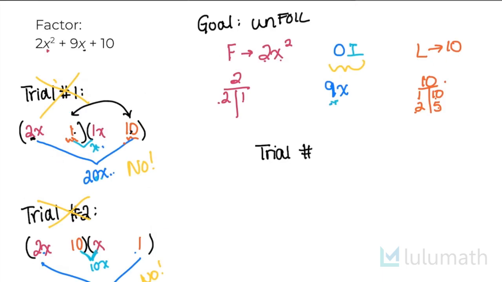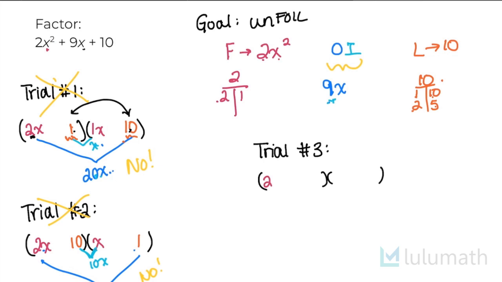All right, let's go ahead and do our third trial right here. Again, I'm just going to use 2x and x because those are my only options here. Now, we've exhausted 2 and 1 with 1 and 10, all possible combinations in trials 1 and 2. So we're going to cross off this 1 and 10 and say that we know that that's not going to work. And then we'll go ahead and try 2 and 5 for our last terms here.